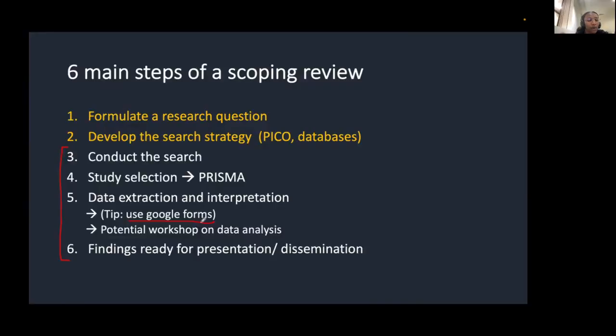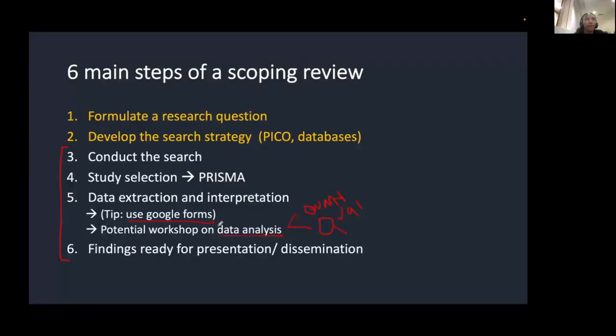Once you have your information, the next step would be to analyze that. Depending on which research question we end up using, the data analysis could vary. It could be quantitative analysis, or it could be qualitative analysis, and that could potentially be a next step where we could look into how the data could be analyzed.